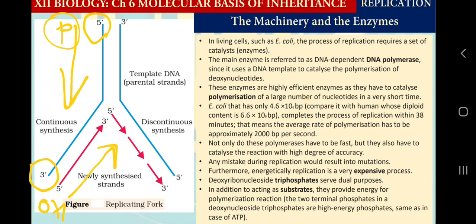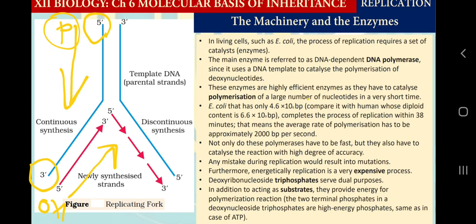So keep this 5 prime to 3 prime direction in mind, and it is going to explain this diagram also. Now you can imagine that blue color lines are representing the old DNA molecule, and red color lines, whether continuous or discontinuous, are representing the new DNA molecule. Now what is happening?